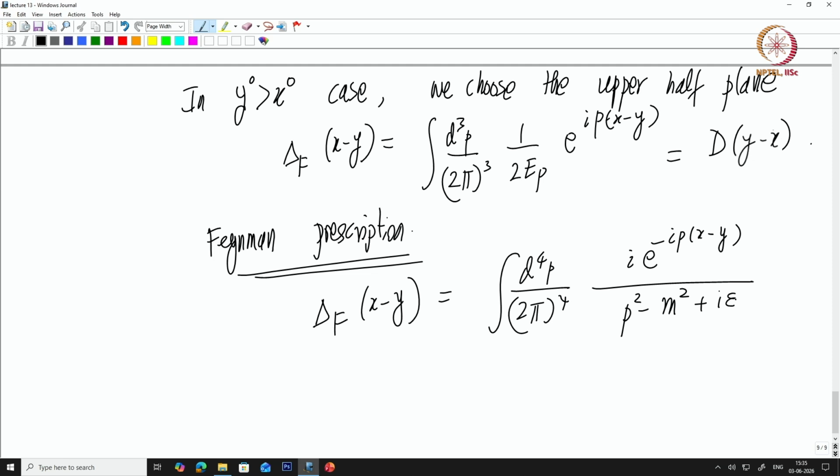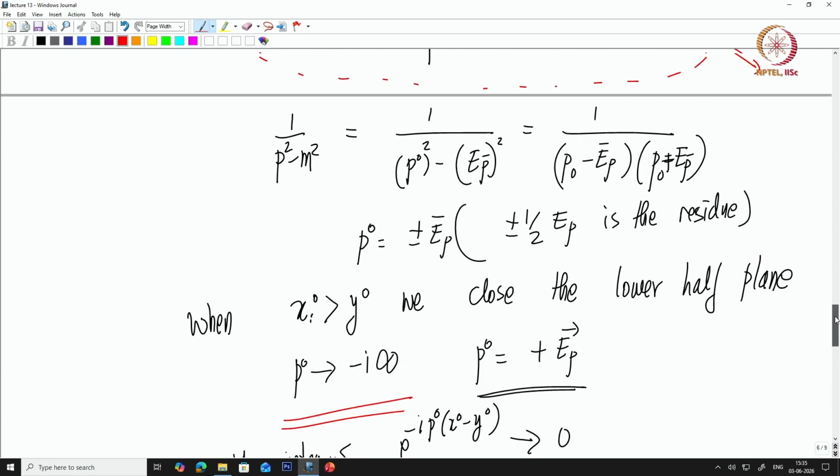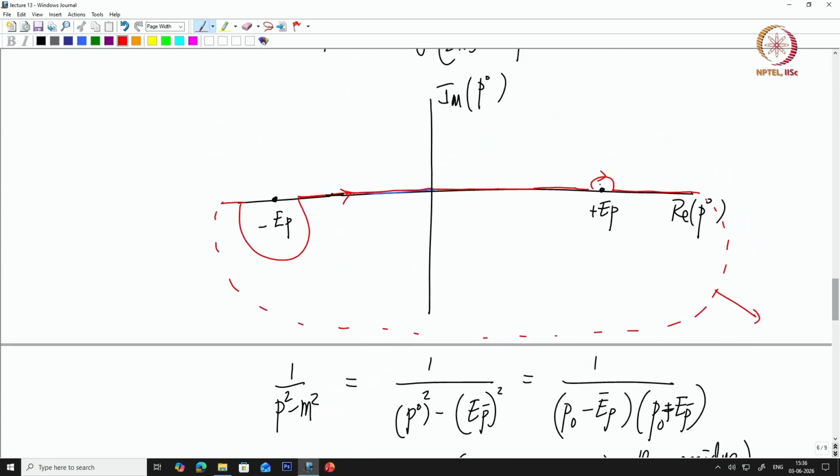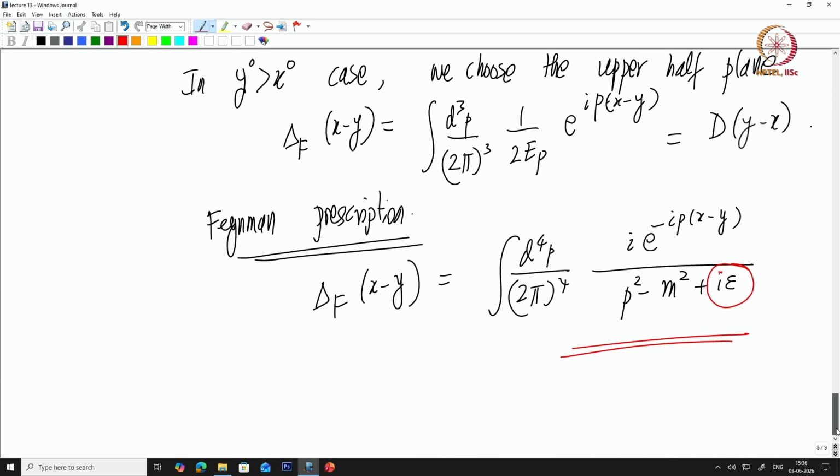this i epsilon. This epsilon is a small distance, essentially, a small shift here.